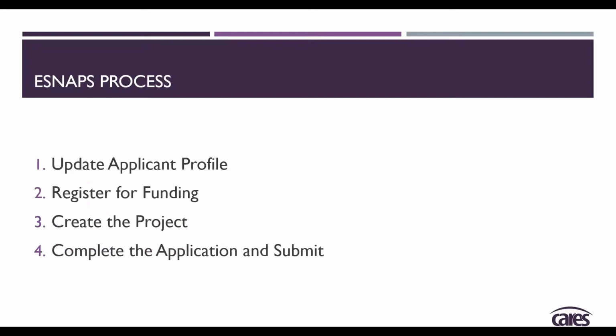Then you create your project. And then you have to go into the submission area in order to complete the application and submit it. You have to do these in order. The only thing you can do and keep going back to is your applicant profile.